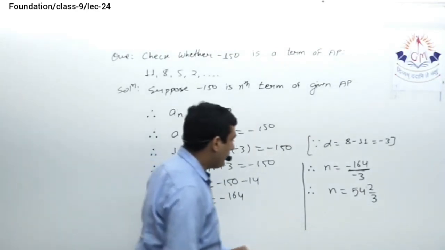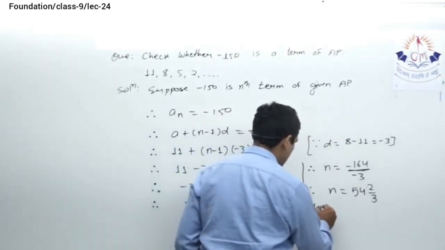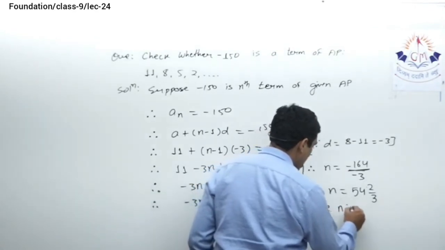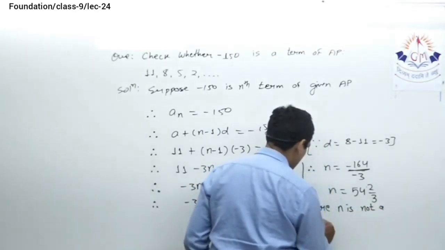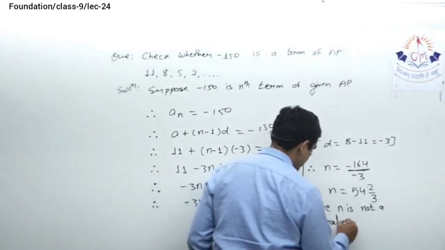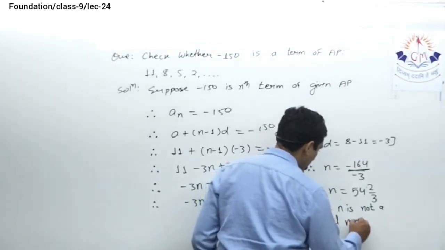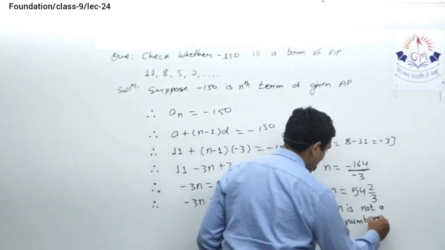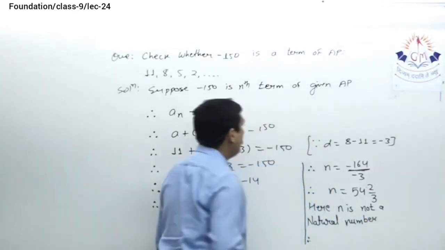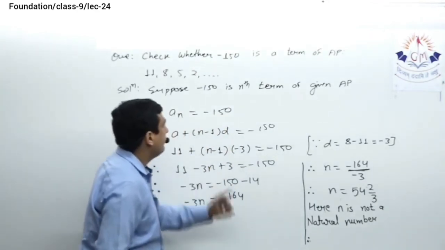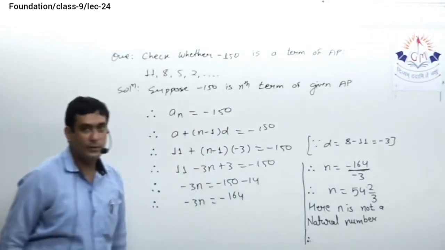So here I will write n is not a natural number. Therefore I can conclude, therefore minus 150 is not a term of the given AP.